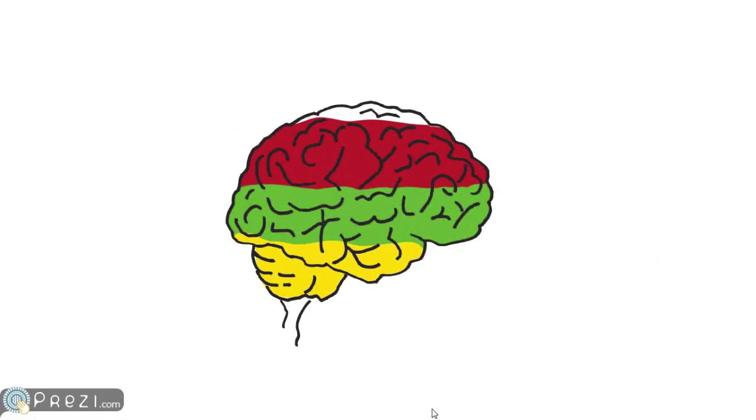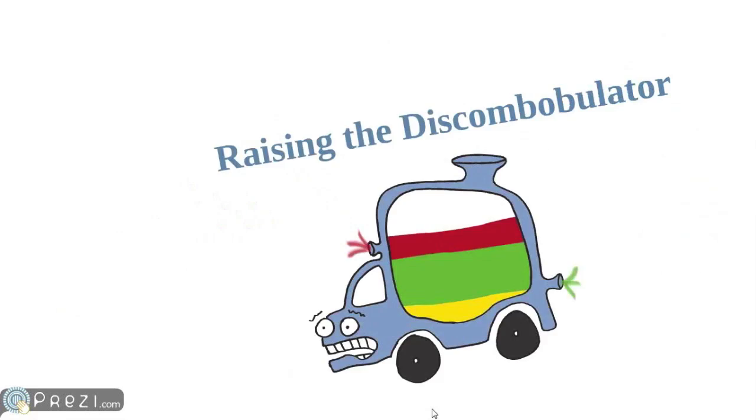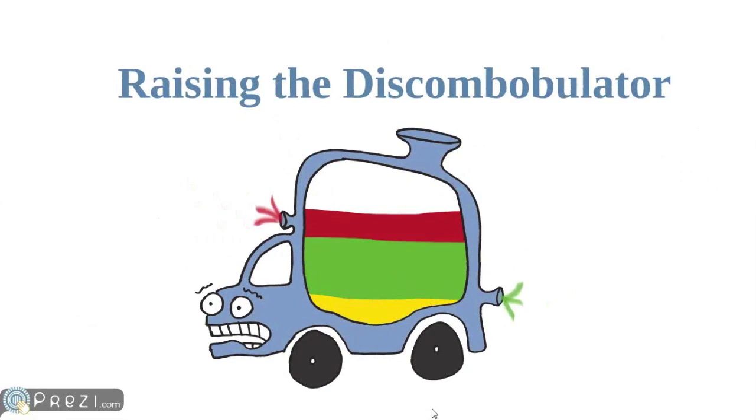But if we stimulate our brain too much, we start to get too full of stress, and then we get discombobulated. We can't focus, we can't think, we can't get the job done. So again, the bottom line: gotta raise that stress discombobulator so we can deal with the stress in our lives.